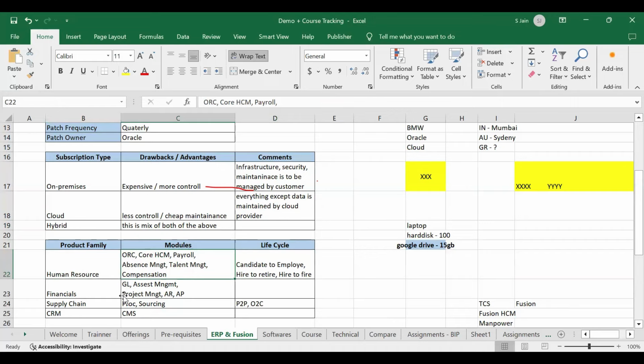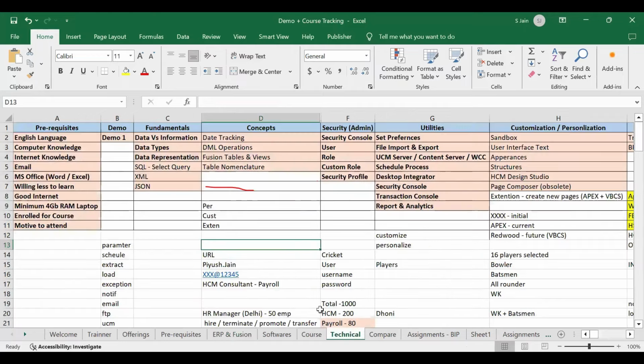In supply chain, we have procurement, we have sourcing, and we have different modules in financials as well. So guys, this particular course is meant for all these 3 product families and all these modules, to extract the data or to load the data. For that, we have these particular courses and the contents that we are going to cover.